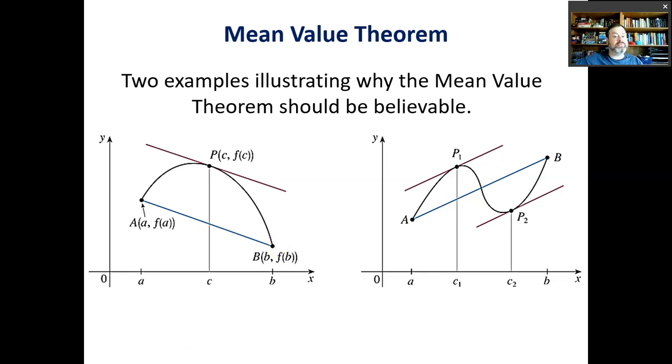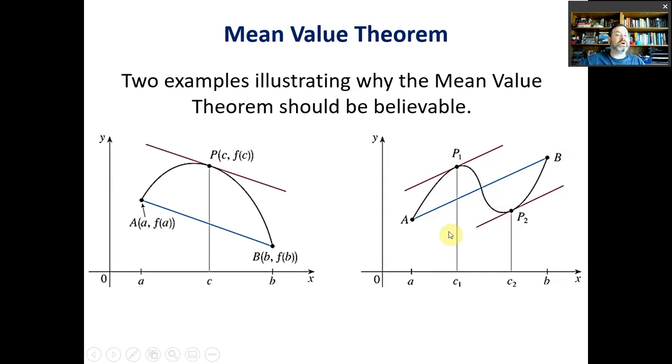So it could be more than one place, right? But this is saying continuous and differentiable means that there's at least one place. So here there's one, and here we have two. Right? Your function could look like this. Here's your secant line. There's actually two places, P1 and P2, where the slope of the tangent line is the same as that secant line.